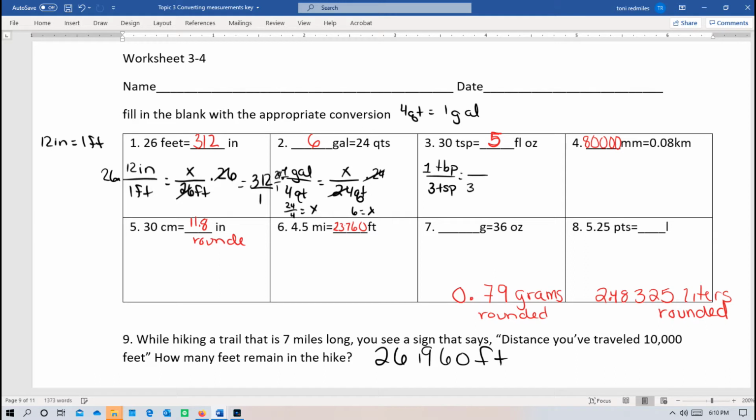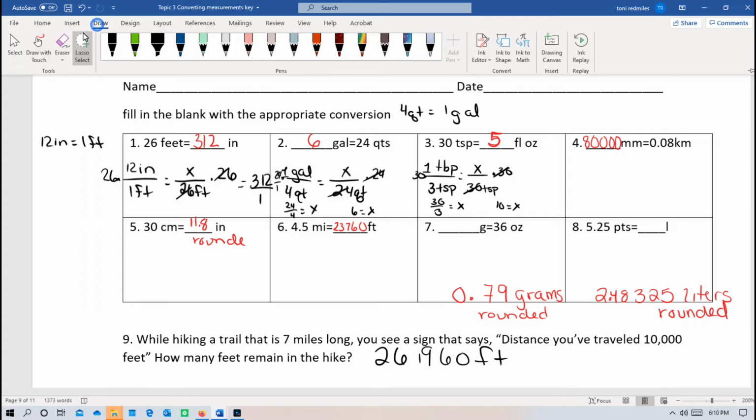And I have 30 teaspoons equals X tablespoons. So to get that 30 out of the bottom, I'm going to have to multiply on both sides. All right, that's going to give me 30 over 3 equals X. 3 goes into 30 10 times. So I know right off the bat that that is how many tablespoons I have.